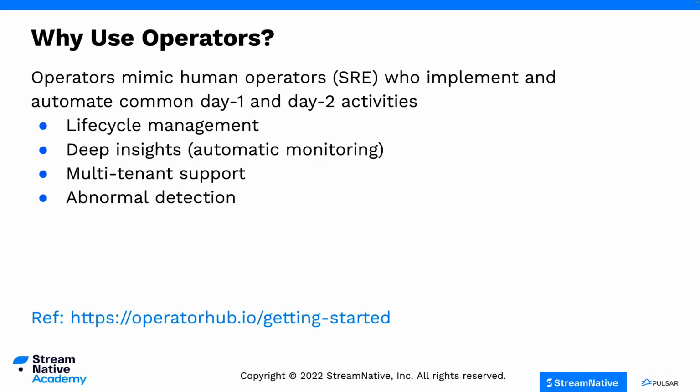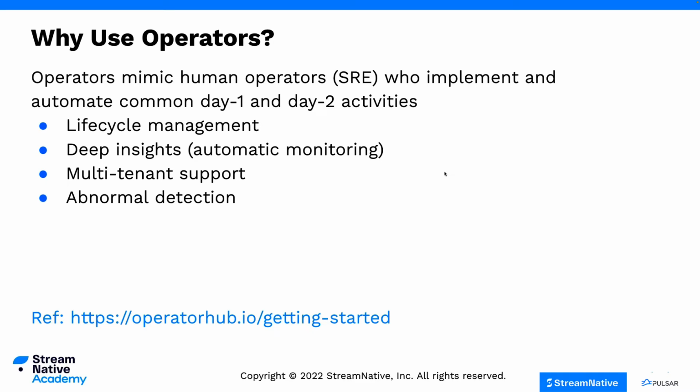But in Kubernetes, operators are software artifacts. They are code. So our StreamNative value is to provide a software operator to do this lifecycle, upgrade, deep insight, multi-tenancy, and anomaly detection.